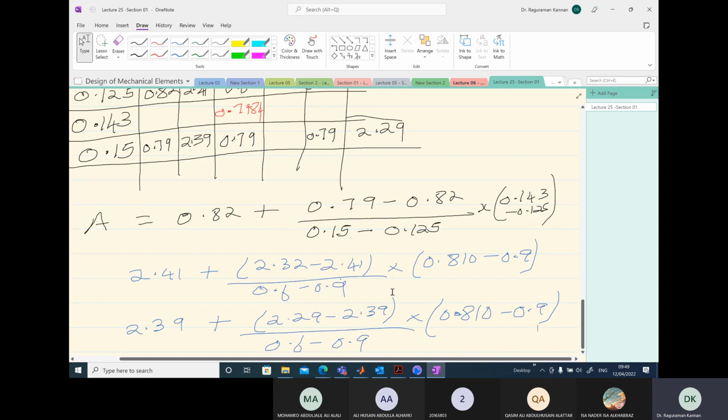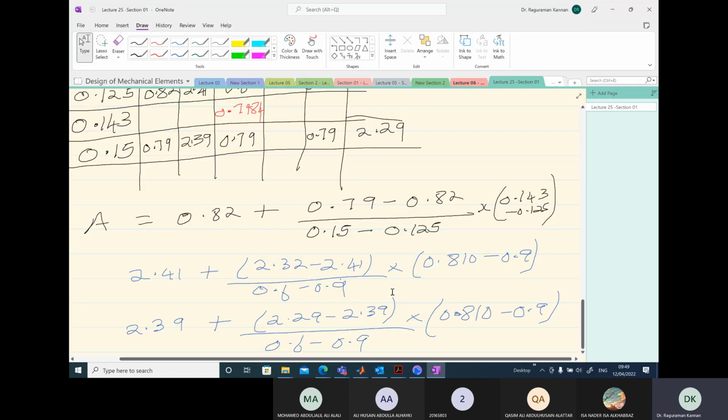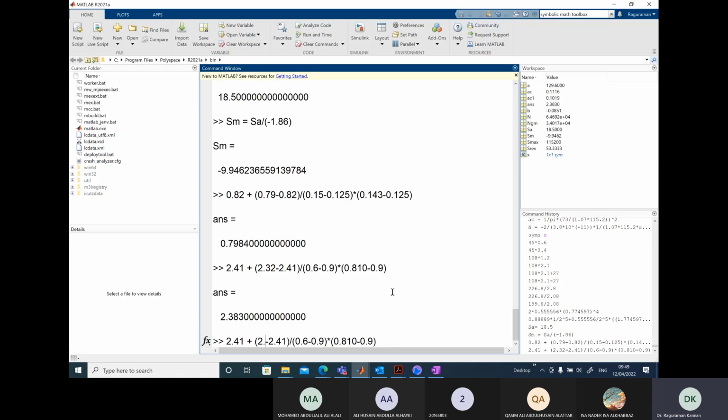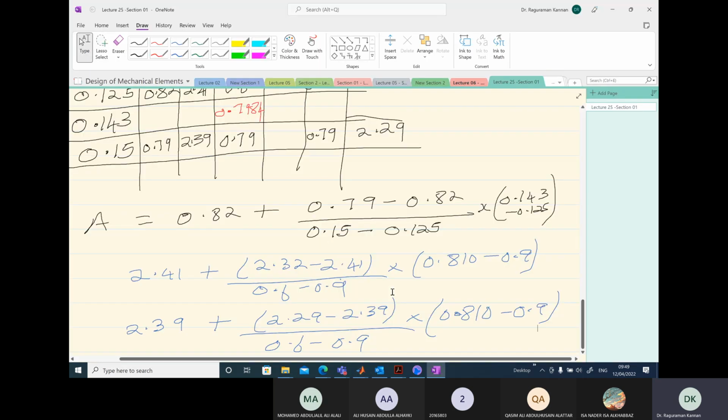Okay, between those values. So again, we have here 2.29 minus 2.39, and here we have 2.39. We get 2.36.